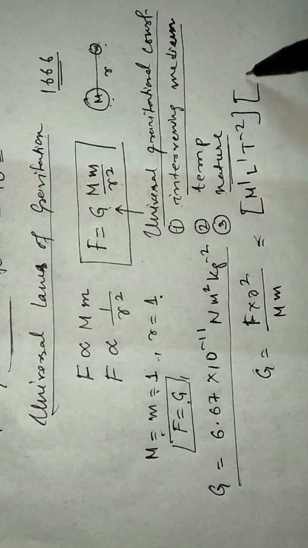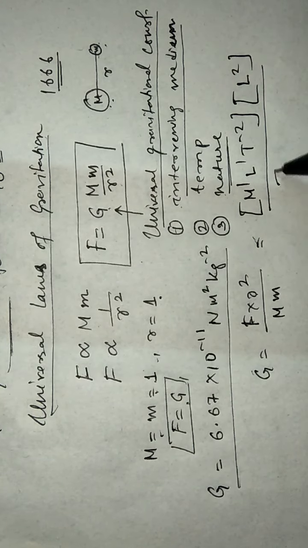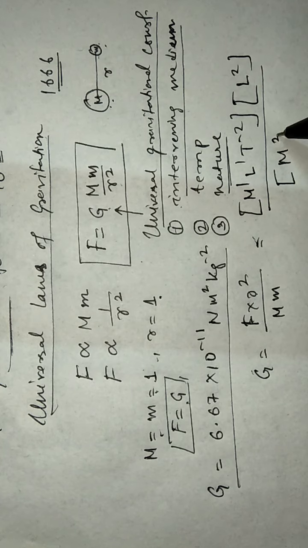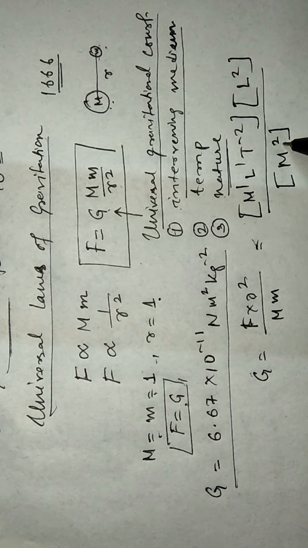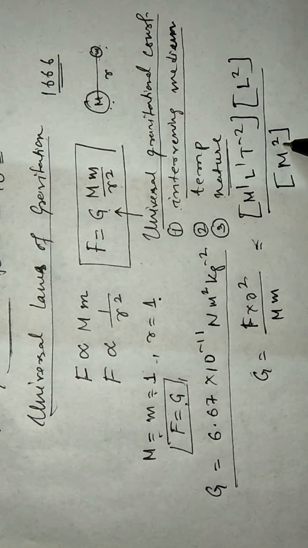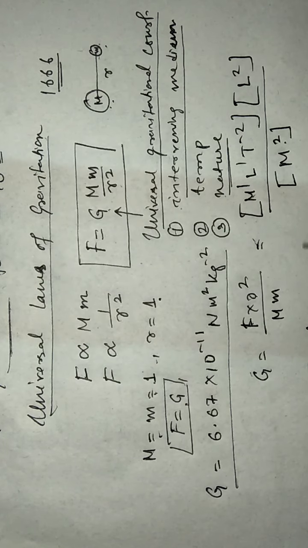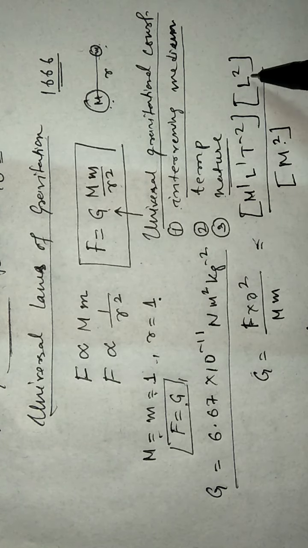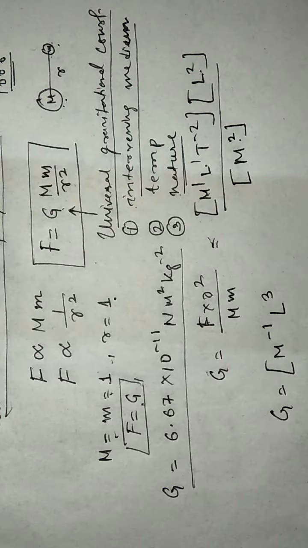This is the distance, so this is L squared, divided by, there are two m's, so we write M to the power of 2. So the value of G will be, this is 1 M here and M to the power of 2 here, so this will be M to the power of minus 1. And what will be L? How many L's are there? 2 and 1, 3. So L to the power of 3.